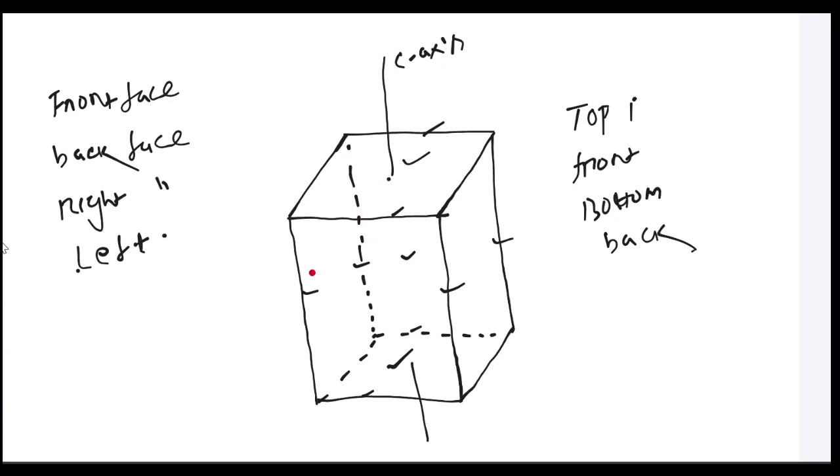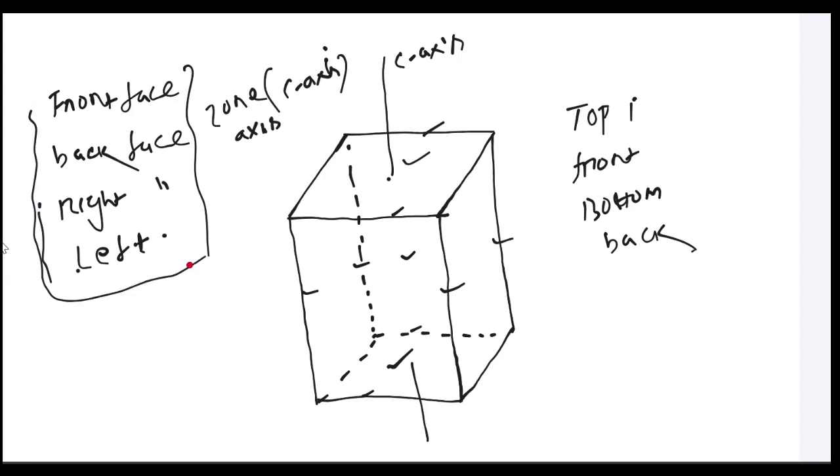It will be parallel to all the faces, that is front, back, right, left, all the faces. So this will be the zone axis, c-axis, for the group of faces or for the zone.